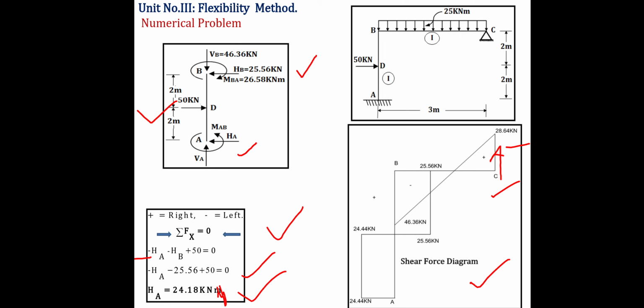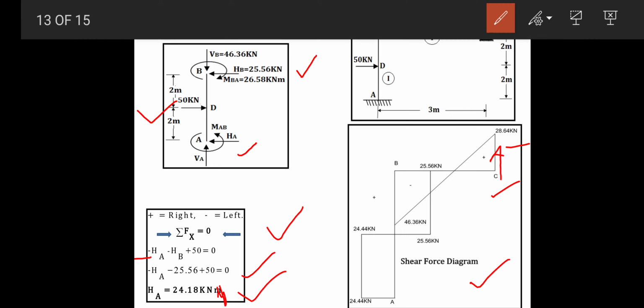So 28.64 minus 25 into 3, by doing so we have 46.36, and the line will be an inclined line due to the UDL.